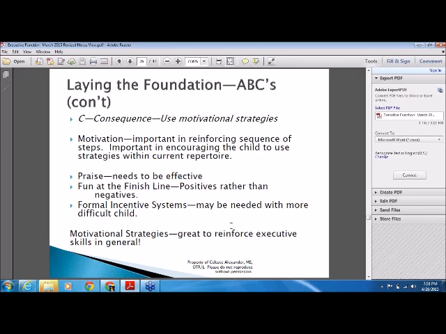Again, praise, fun. That the positive drive helps the motivation, and I think helps the child succeed. Now, I know we get so frustrated and we get tired, and our children, they're challenging, they have tough behaviors.